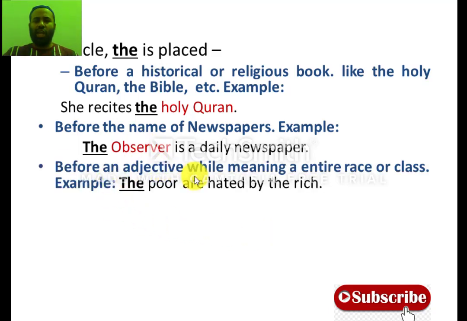Before an adjective meaning an entire race or class, you have to use article the. The poor are hated by the rich. Here the word poor is an adjective, but when you want to mean the entire class of poor people, you have to use article the.